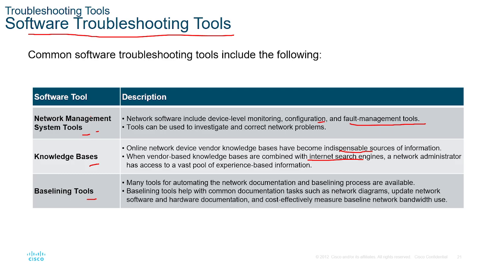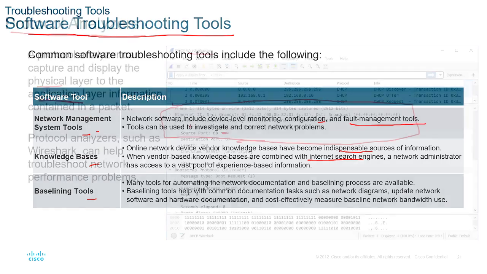Knowledge bases: online network device vendor knowledge bases have become an indispensable source of information. When vendor-based knowledge bases are combined with internet search engines, a network administrator has access to a vast pool of experience-based information. Now, baseline tools: many tools for automating the network documentation and baseline process are available. Baseline tools help to document, such as creating a network diagram, update the network software and hardware documentation, and, of course, cost-effectively measure the baseline network bandwidth used.